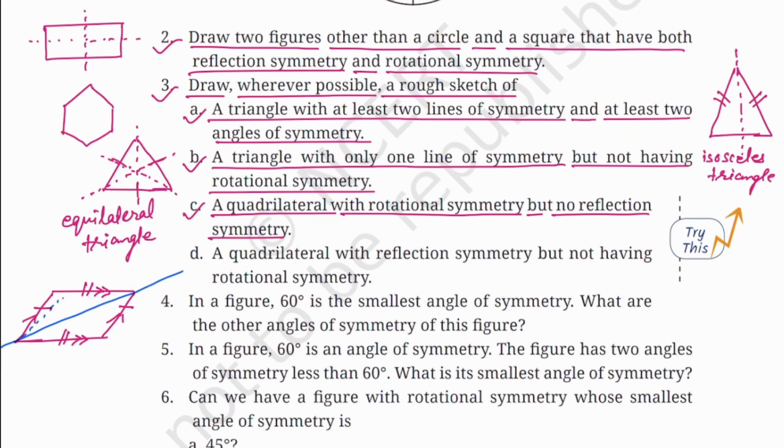You can see here, this portion does not have a mirror image like this one. So you can say this blue line, that is the diagonal, is not a line of symmetry, though it has a rotational symmetry of 180 degree and 360 degree.